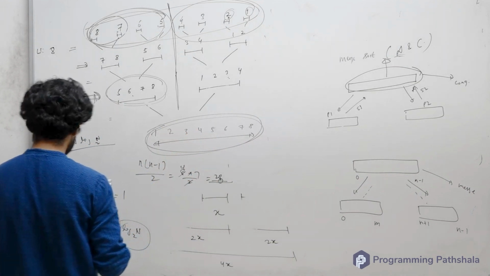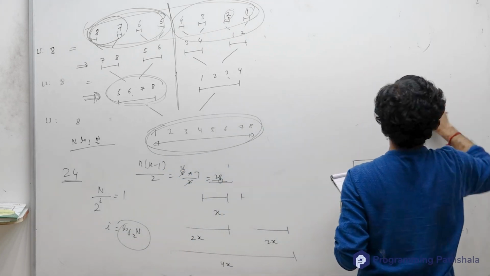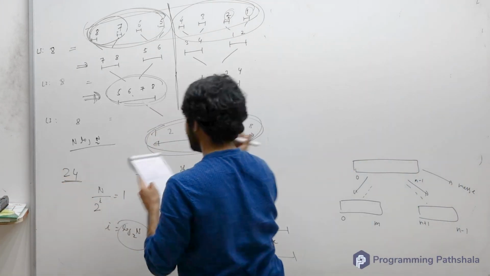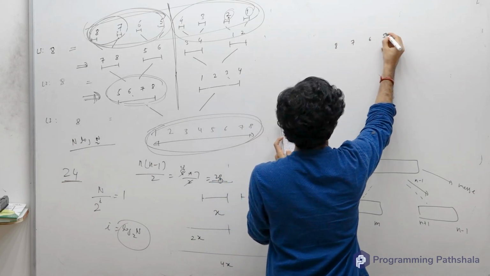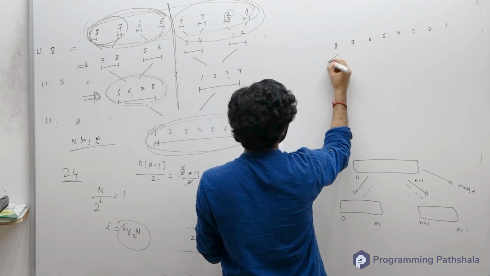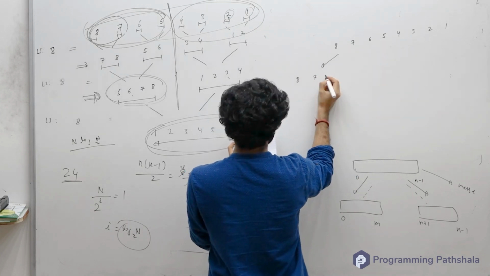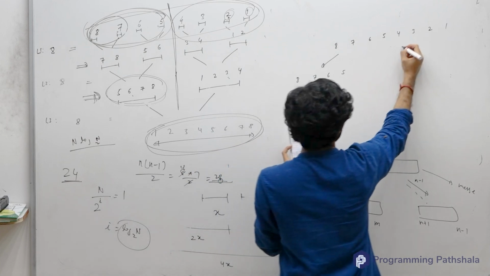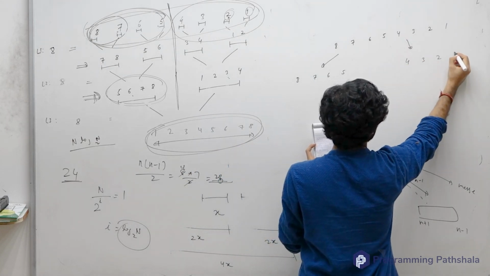Let me give you another example. Let's say you have an array that contains 8, 7, 6, 5, 4, 3, 2, 1. You call a function to sort the first half, which is 8, 7, 6, 5, and then another function to sort the remaining half, which is 4, 3, 2, 1.